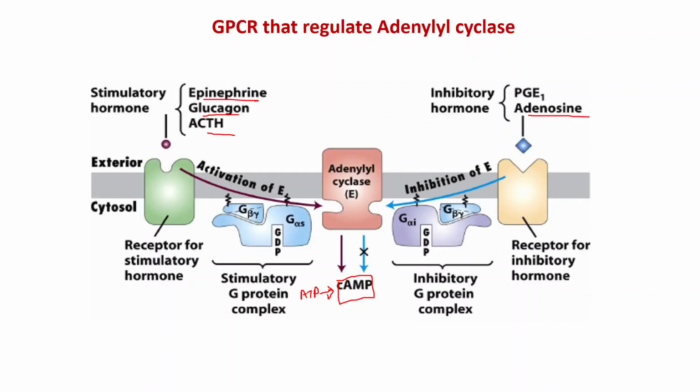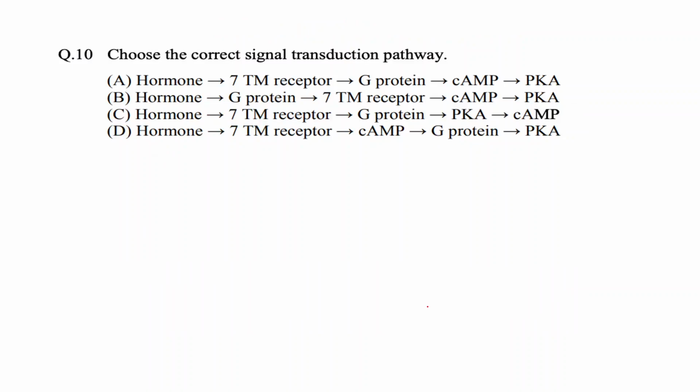And then this beta gamma complex will go and bind with adenylate cyclase, so that it can inhibit the conversion of ATP to cyclic AMP. Then, related to that, one question has been asked: choose the correct signal transduction pathway.